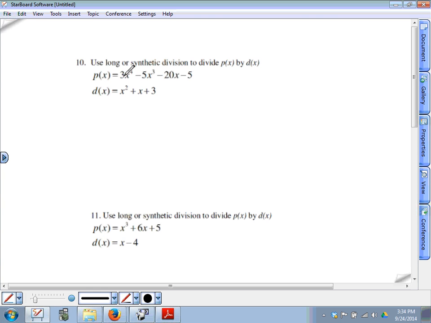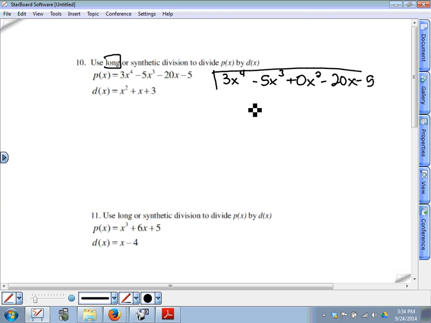This one we absolutely do not have a choice. This has to be done using long division. And again, you need to recognize there's a missing term right here where the x squared used to be. So 3x to the 4th minus 5x to the 3rd, another 0x squared, minus 20x minus 5 is divided by x squared plus x plus 3.